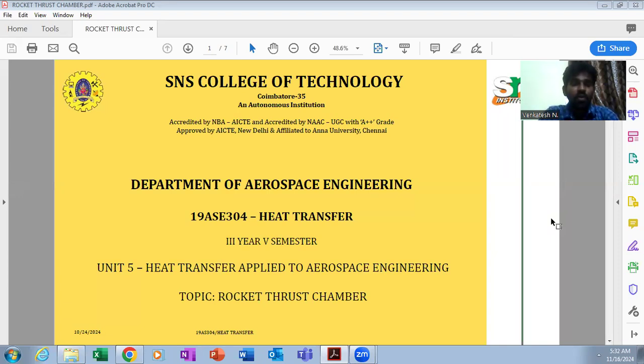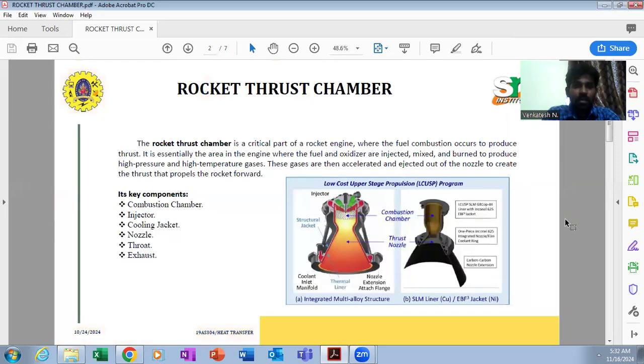Today we are going to discuss the topic of heat transfer applied to aerospace engineering in the rocket thrust chamber. A rocket thrust chamber is a critical part of a rocket engine where the fuel combustion occurs to produce thrust.